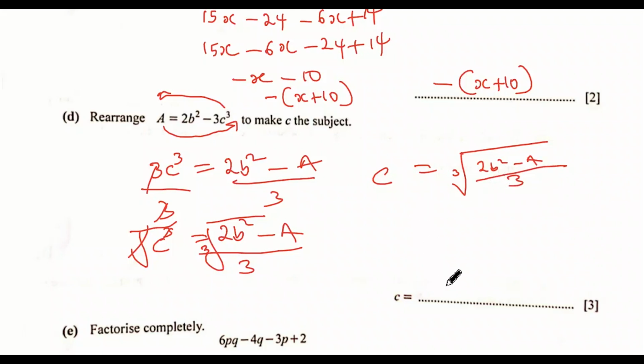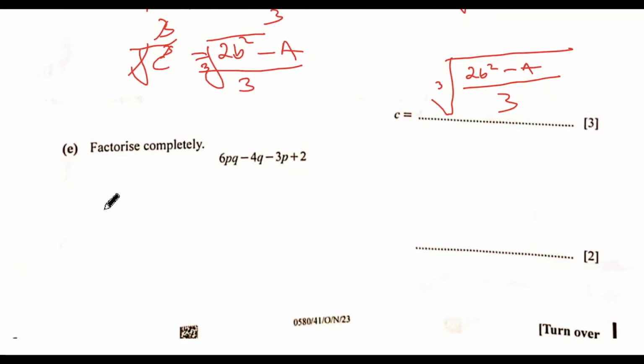Hence c equals the cube root of 2b squared minus a over 3. So let's go to the next question. We are to factorize 6pq minus 4q minus 3p plus 2.